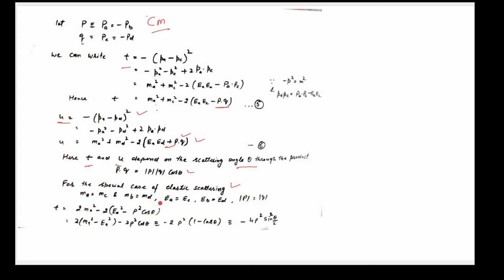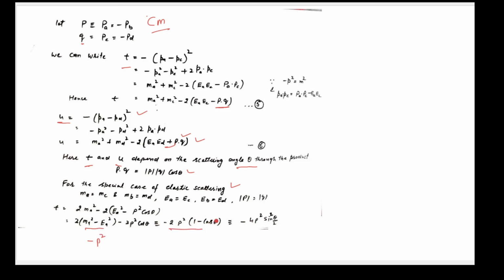Now we will use these conditions for T and we will get this. Here M_A squared minus E_A squared will be equal to minus p squared, where p is the linear momentum. So we will get this.